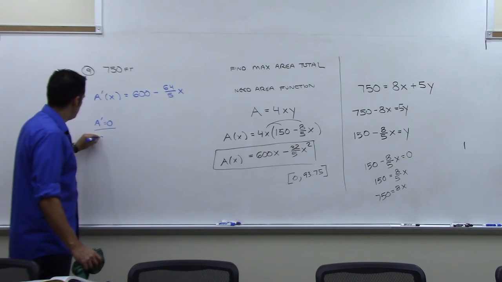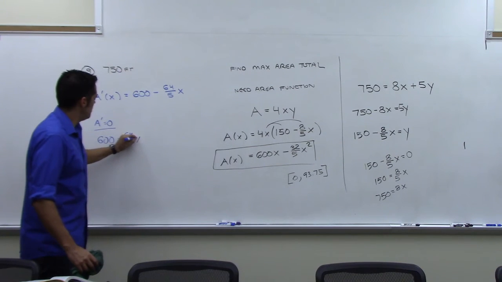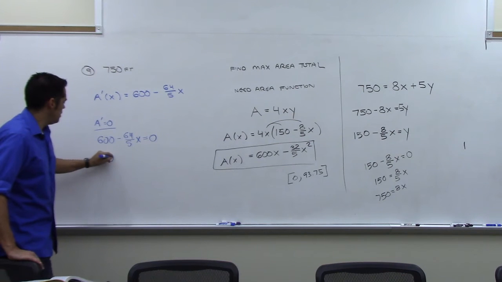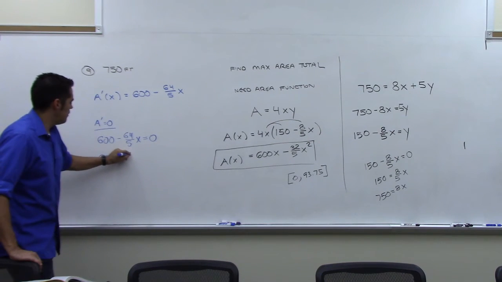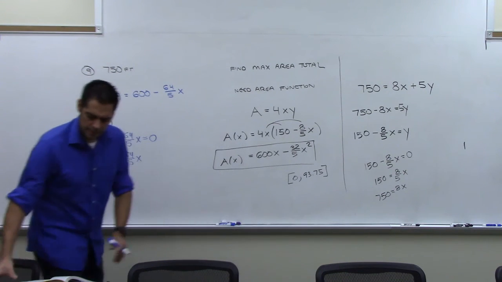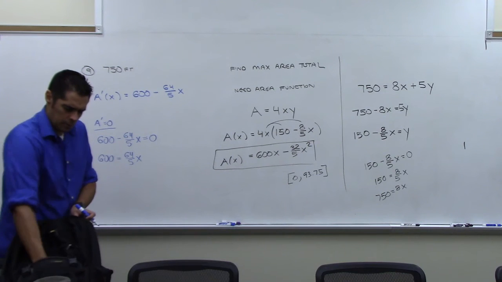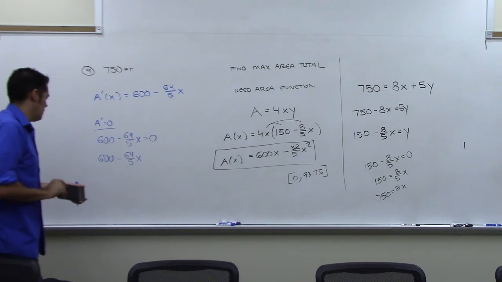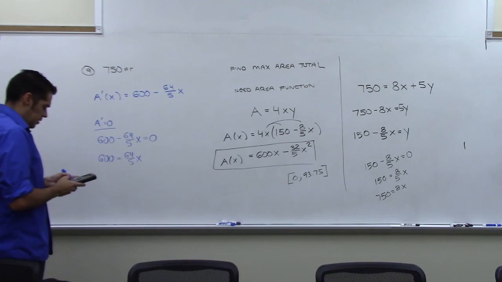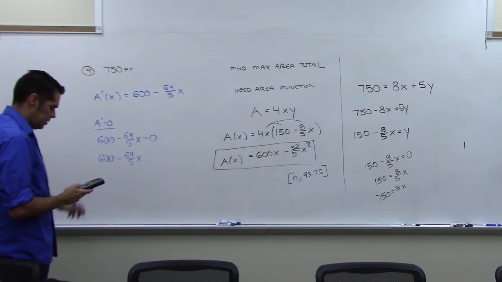And I get 600 minus 64/5 x equals 0. Move things around, 600 equals 64/5 x, and I'm going to multiply both sides by 5 and then divide by 64.